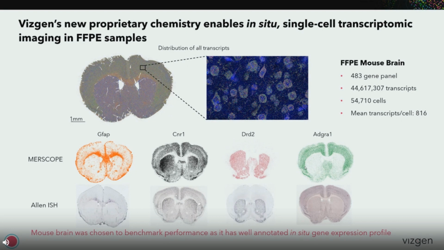Showing here at the bottom are 4 genes, GFAP, CNR1, DRD2, and ADGRA1, profiled by MERSCOPE or by the Allen Institute's in situ hybridization. Hopefully you can see that for all 4 genes, the expected spatial distribution pattern is very nicely captured by MERSCOPE. This really speaks to the new chemistry working very well.